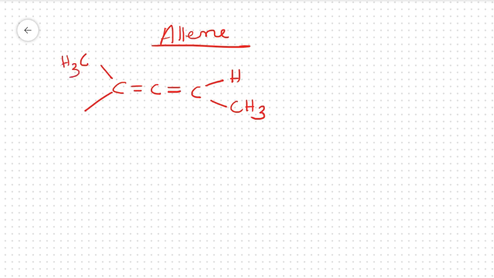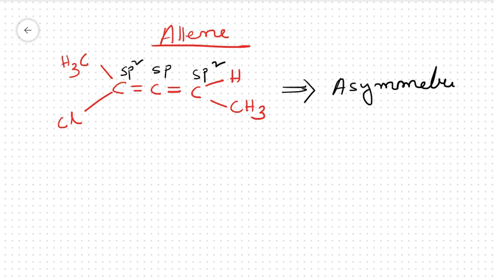Okay. So this is allene, where this carbon is sp hybridized, and these are sp2 and sp2. So this does not have an asymmetric carbon atom.